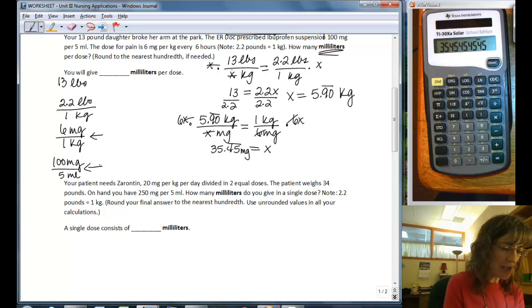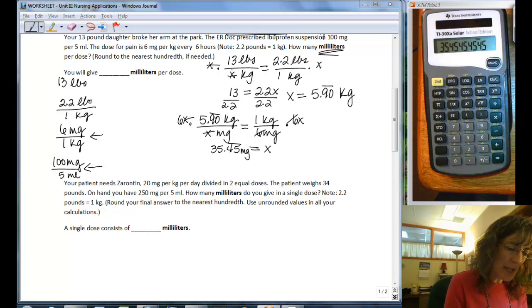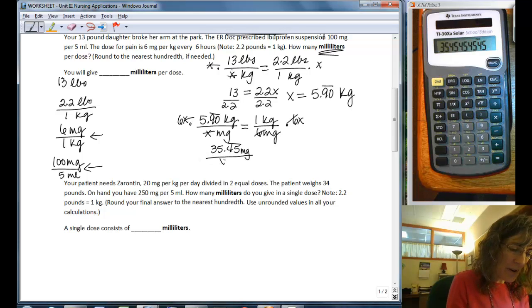I can now use my last conversion factor. I'm going to take off the equals x because I can reuse this space. Okay, over x milliliters equals, and I need milligrams over milliliters, so 100 milligrams over 5 milliliters.